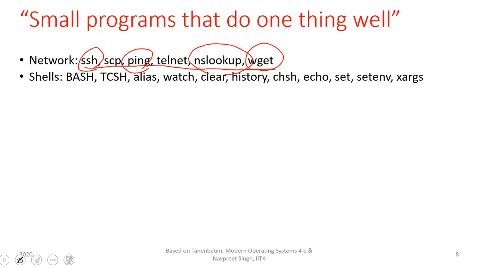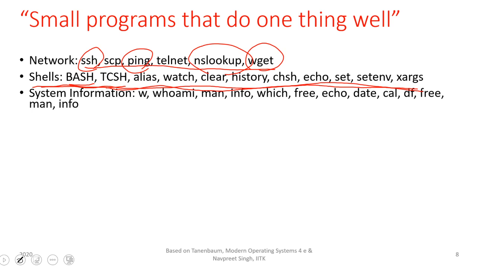Then we have what are called shells, things like bash. These shells are basically command line interfaces through which we can access a lot of fundamental system calls. For example, system functionalities can be directly accessed using these shells.